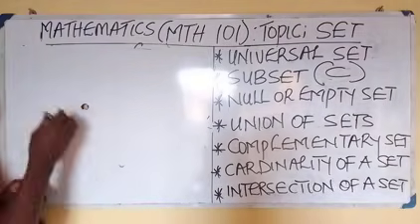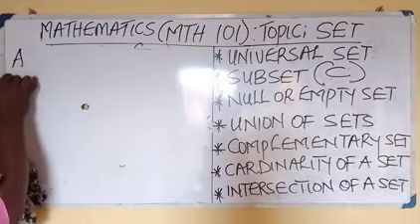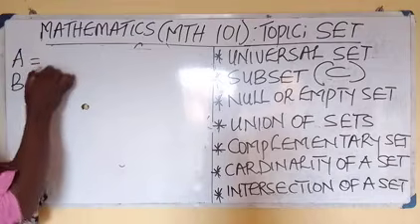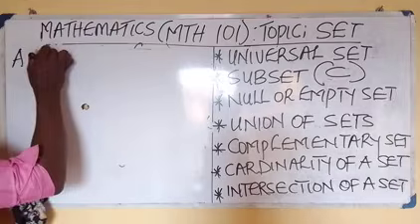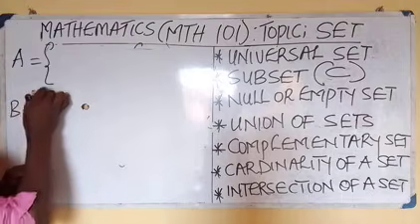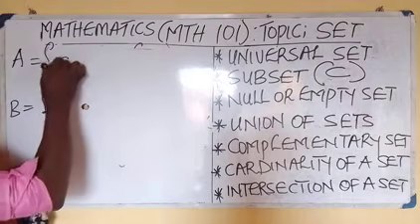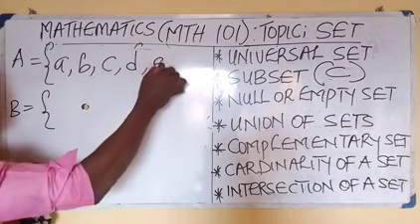The next one is union set. The union between sets. It is good that we use examples to explain for a better understanding. I have A, I have B, I have C, I have D, I have E, and I have what?